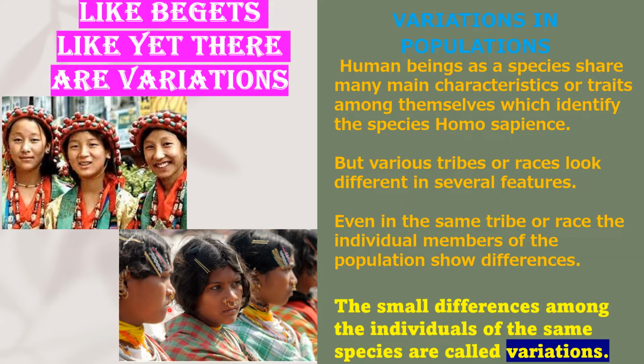Even in the same tribe or race, the individual members of the population show differences. Here you can see in each tribe there are again differences. The small differences among the individuals of the same species are called variations. Very important definition: the small differences among the individuals of the same species are called variations.